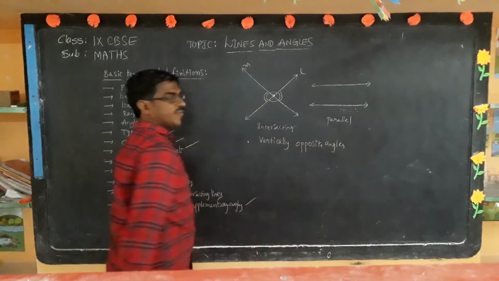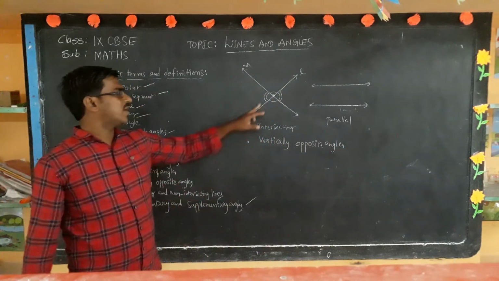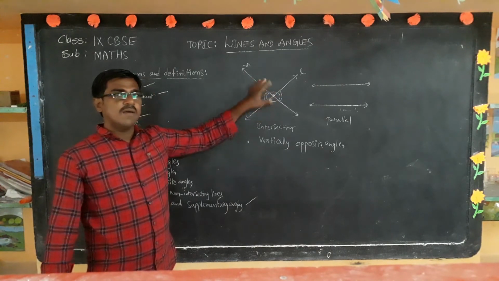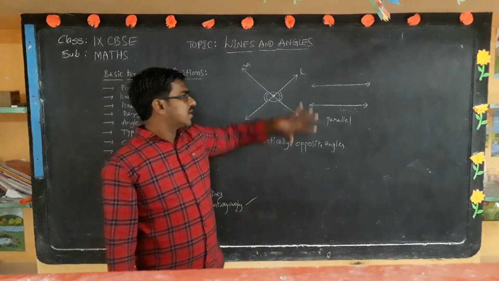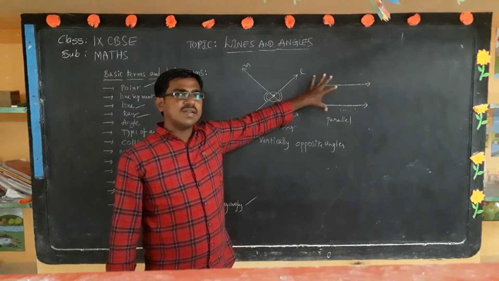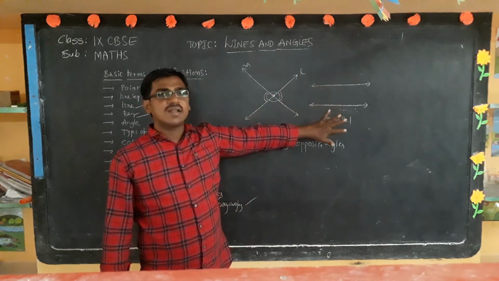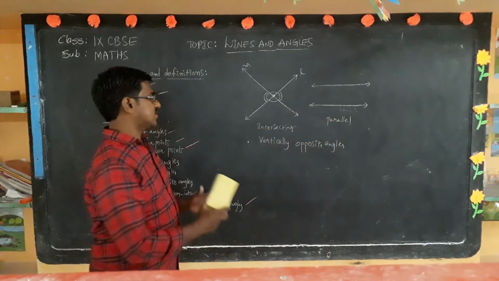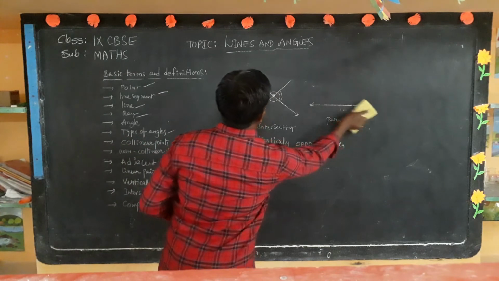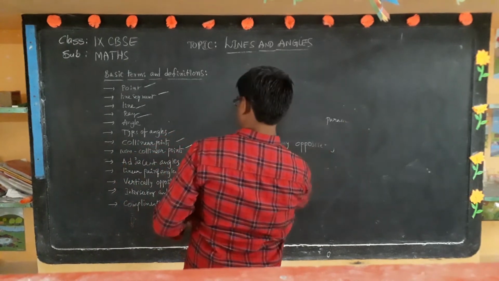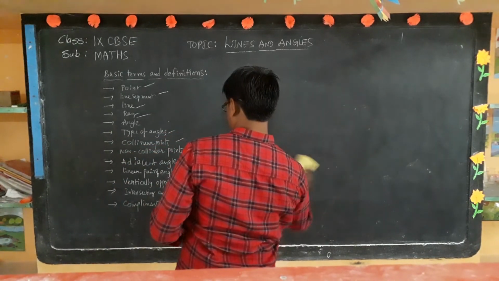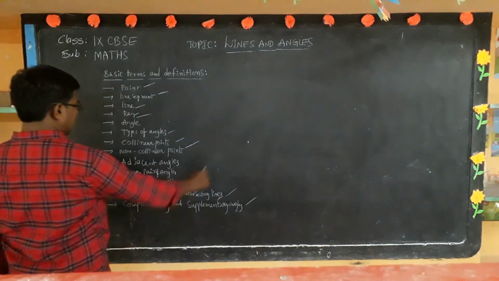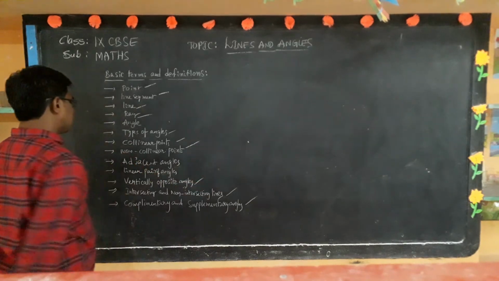So if two lines intersect each other at a point, whatever angles are formed opposite to each other are called vertically opposite angles. If two lines do not intersect at any point, they are called parallel or non-intersecting lines. So intersecting and non-intersecting lines and vertically opposite angles are completed.